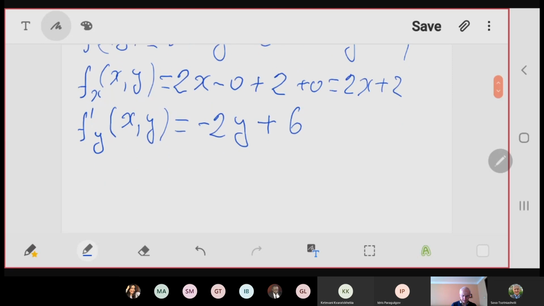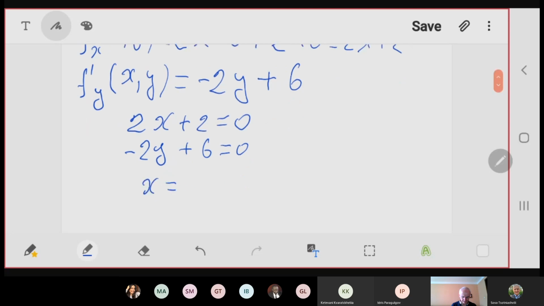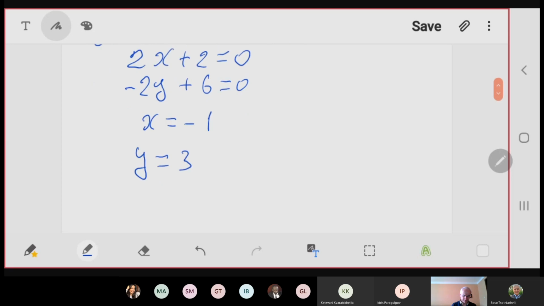Now we should equate both to 0: 2x plus 2 equals 0, and minus 2y plus 6 equals 0. From the first equation, we have x equals -1. And from the second equation, we have y equals 3.